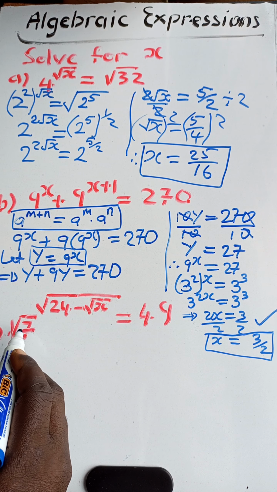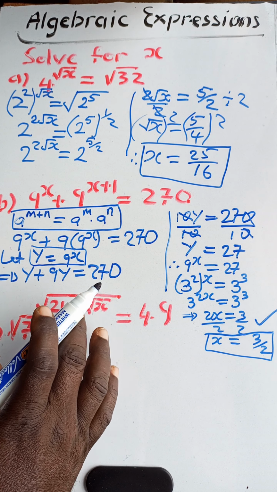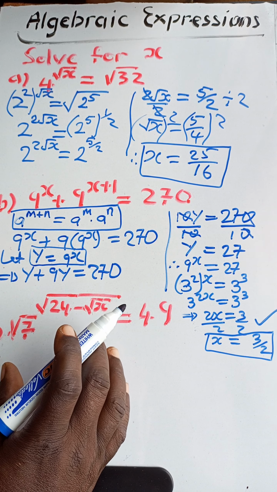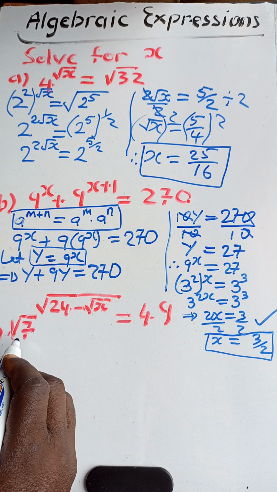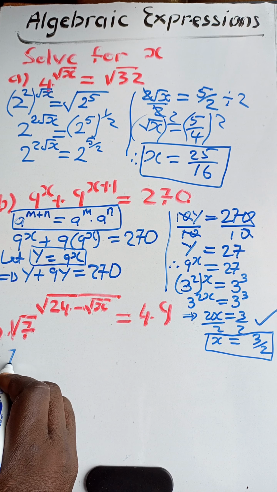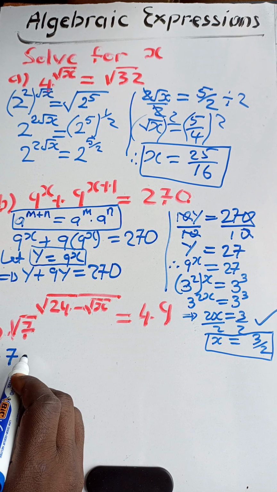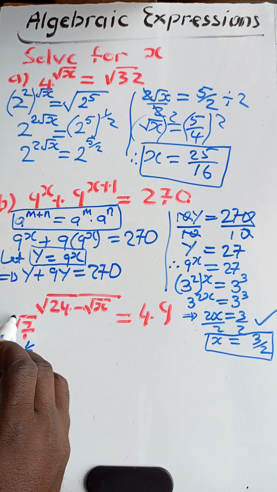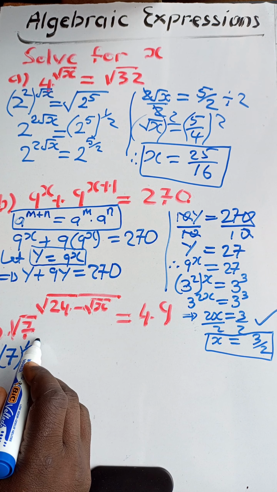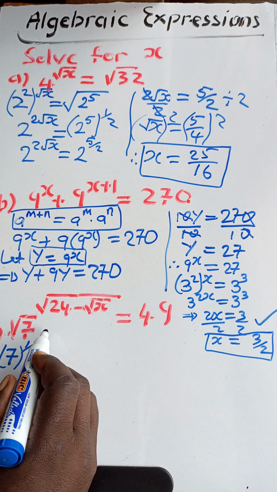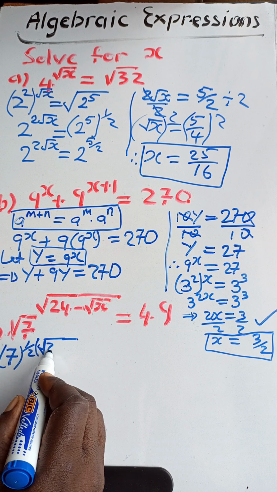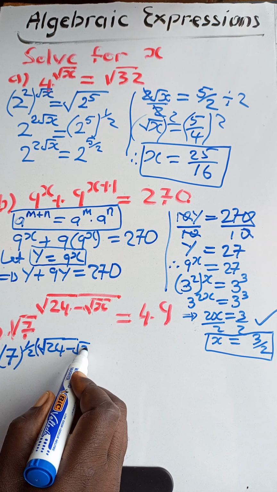And so we just carefully change everything into index form, much more readable index form. Root 7 means 7 to the power half. That is root 7. But all of that was raised to the power root 24 minus root x.